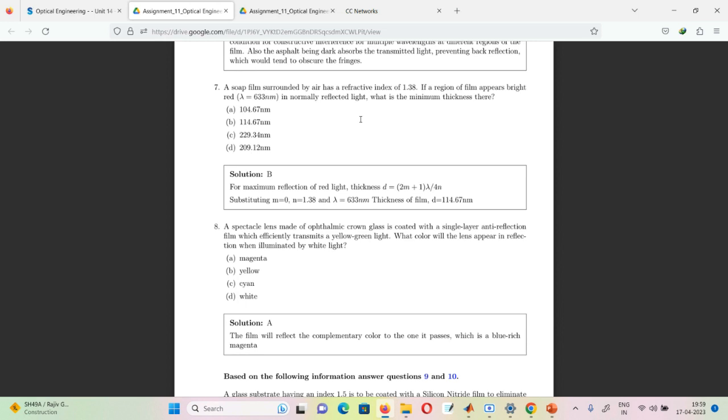In that case, actually you don't need to add full lambda. Lambda by 2 itself you can add, such that when it is covering the entire path, it will be like lambda. That you have to see with your logic and other things. Got it? But the thing is that the condition will not change if you are adding an extra path difference of lambda. Similarly, the condition will not change if you add an extra phase difference of 2 pi. That's the thing. Got it?